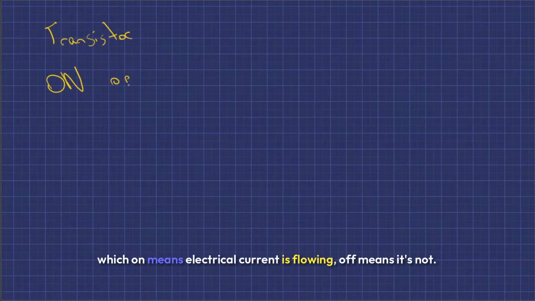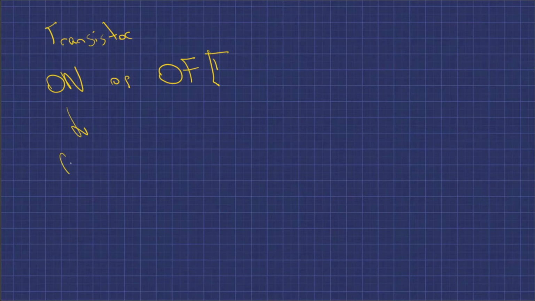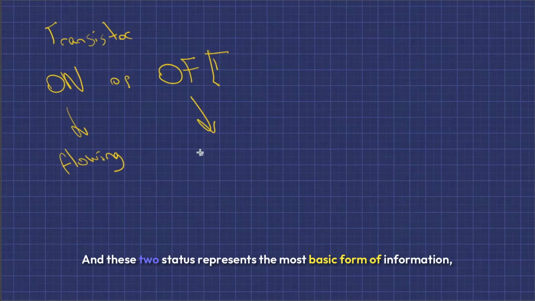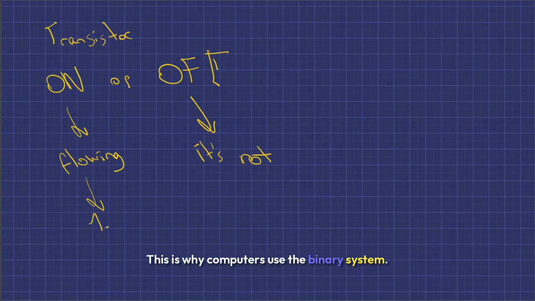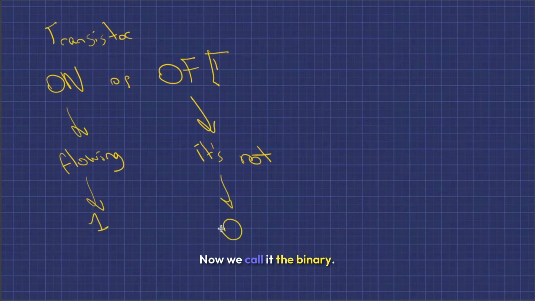On means electrical current is flowing, off means it's not. And these two states represent the most basic form of information, the ones or zeros. This is why computers use the binary system. Now, we call it binary.